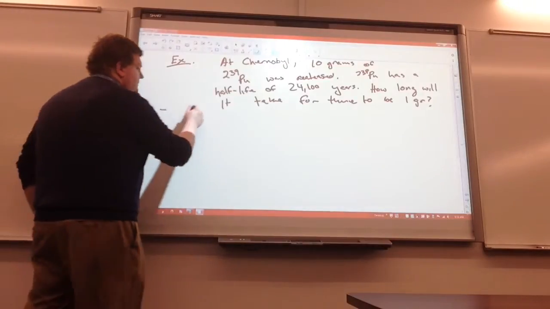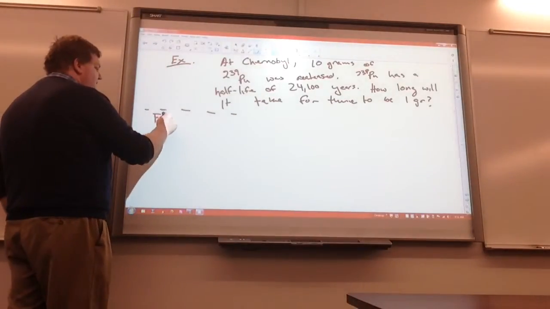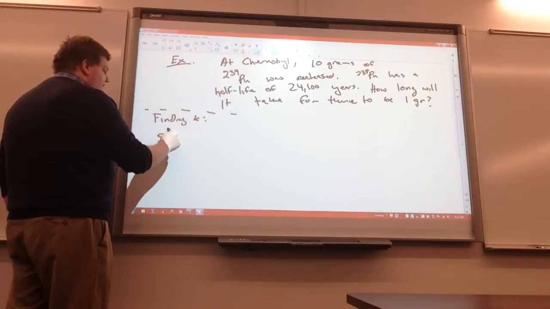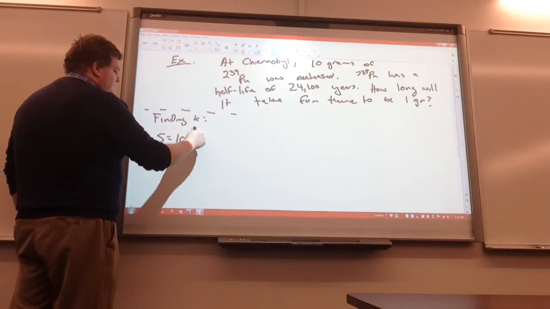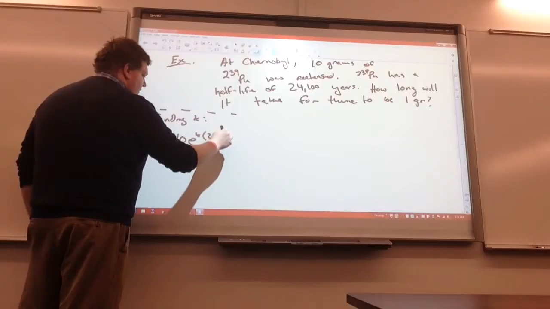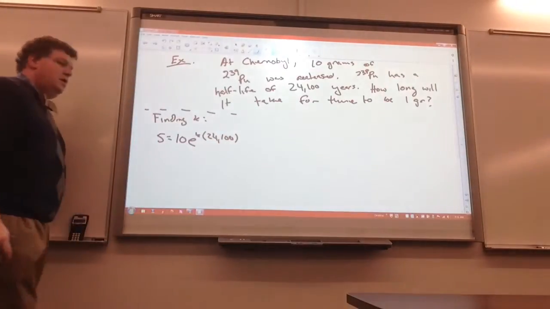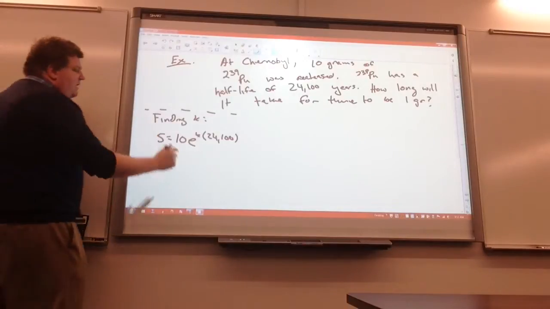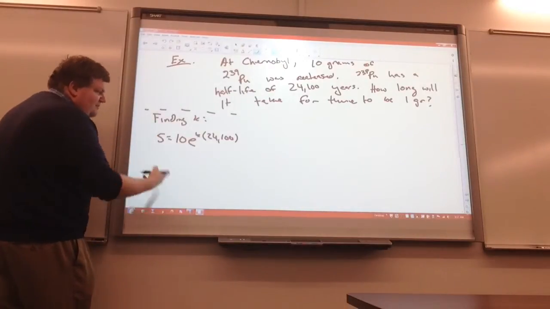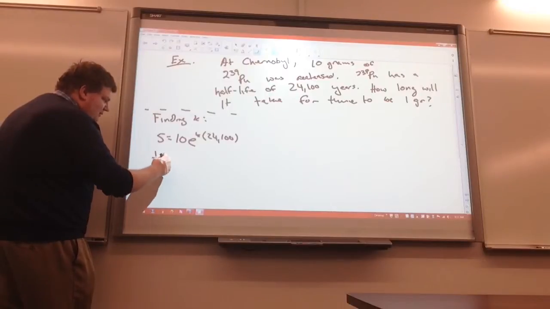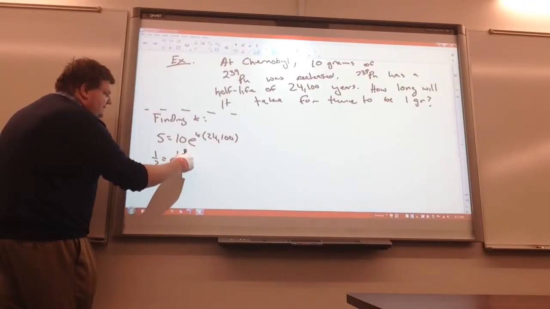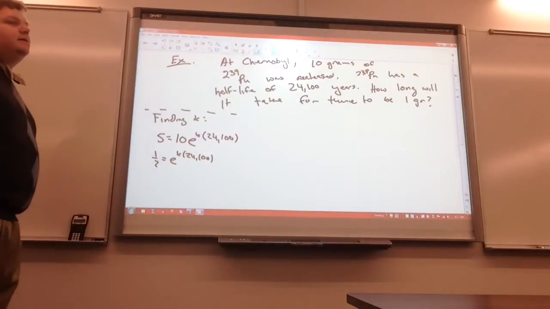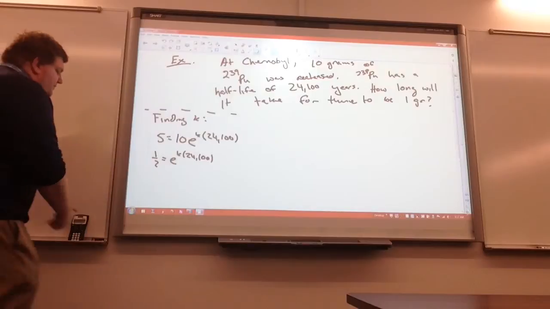So I'm going to write that up, finding k. 5 would be equal to 10 times e to the k times 24,100 years. Just filling everything in. So we're going to solve this for k. It should be fairly straightforward. We divide both sides by 10, so we get 1/2 is equal to e to the k times 24,100. How do I get rid of an e? Natural log. So I take the natural log of both sides.